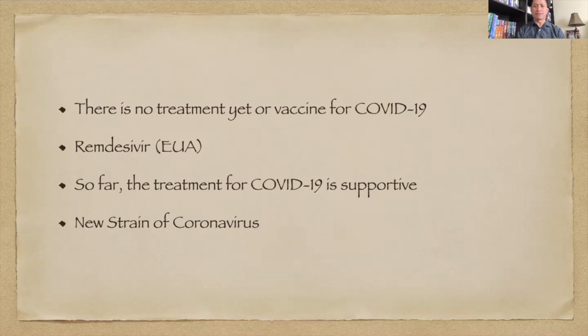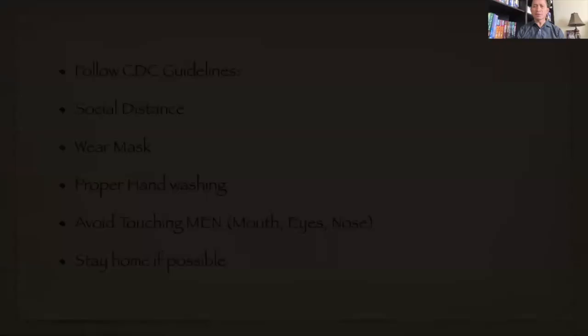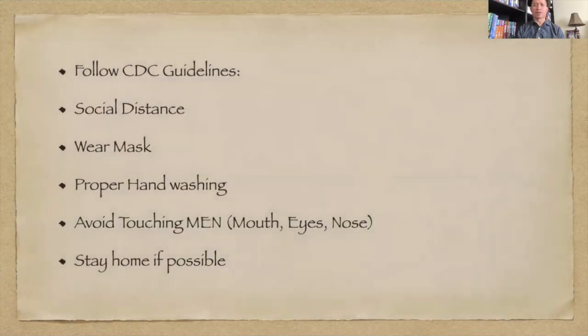Now there's a new strain of this coronavirus. It mutated, and our researchers are studying how strong and how infectious this new strain is. We're still looking for the treatment for that. Hopefully soon we have a vaccine and antiviral medication for coronavirus.